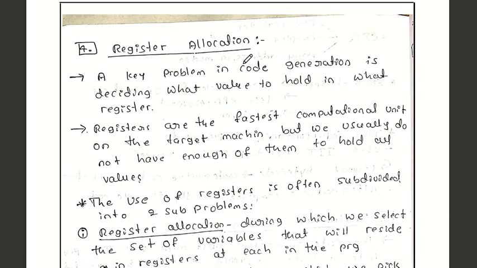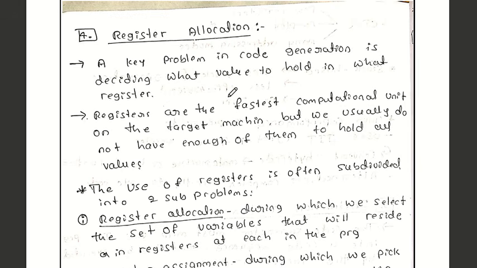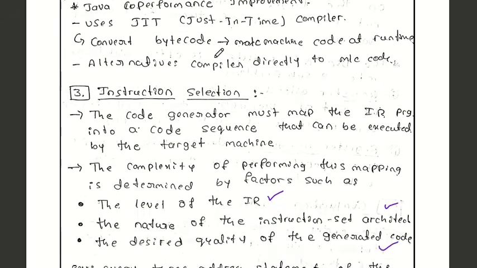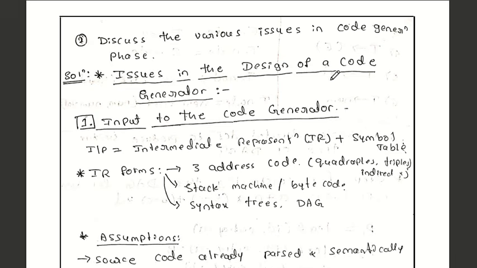Then fourth one, register allocation. So here the key problem in code generation is deciding what value to hold in what register. The register value allocation is a difficulty, and a lot of issues will arise.